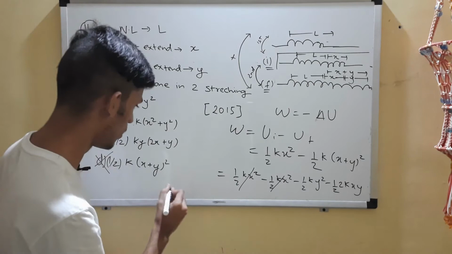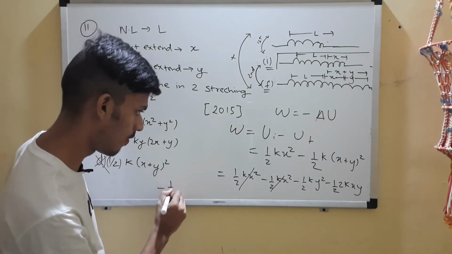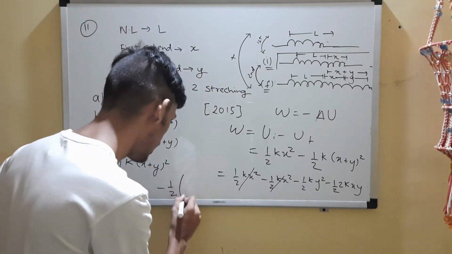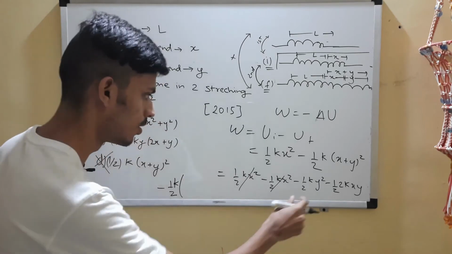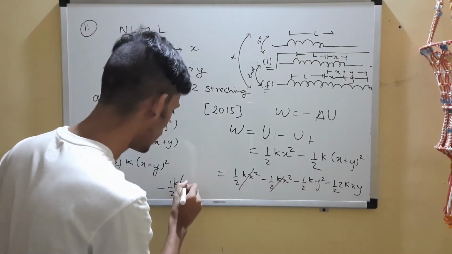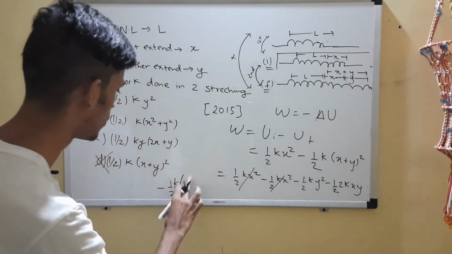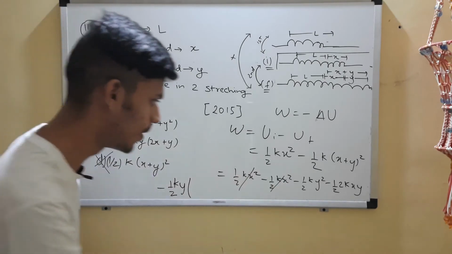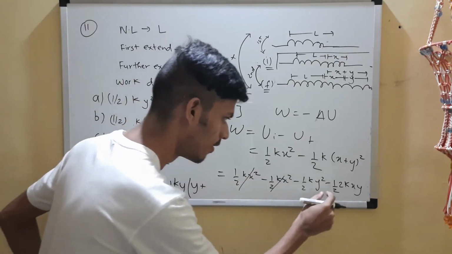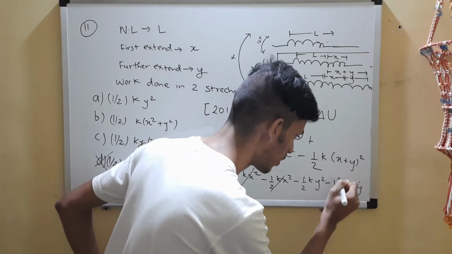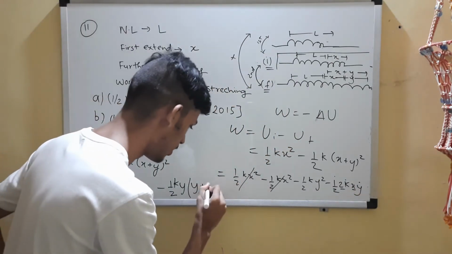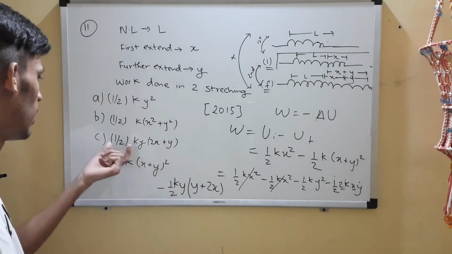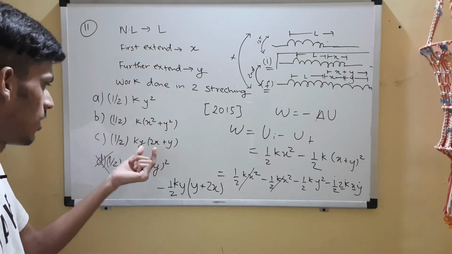From there we take minus half k y common, so we are left with y plus 2x. So the correct option will be half k y into 2x plus y.